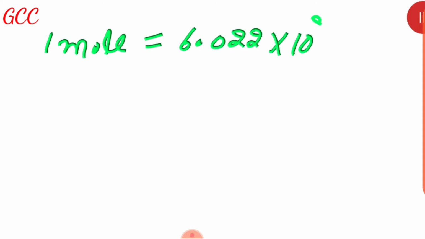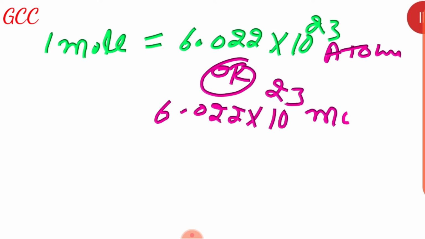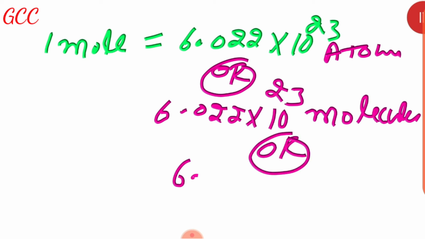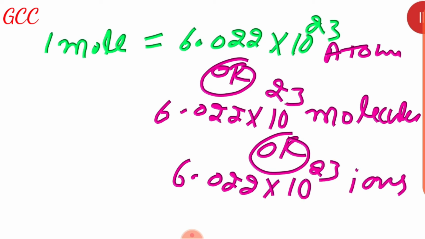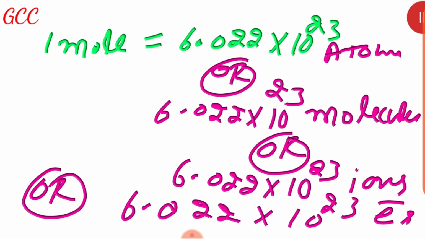One mole will be equal to 6.022 × 10^23 particles. Particle can mean atoms, or 6.022 × 10^23 molecules, or 6.022 × 10^23 ions, or 6.022 × 10^23 electrons. Like this way we can write.